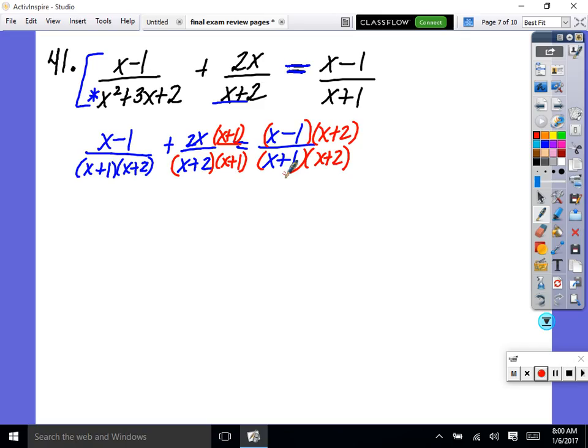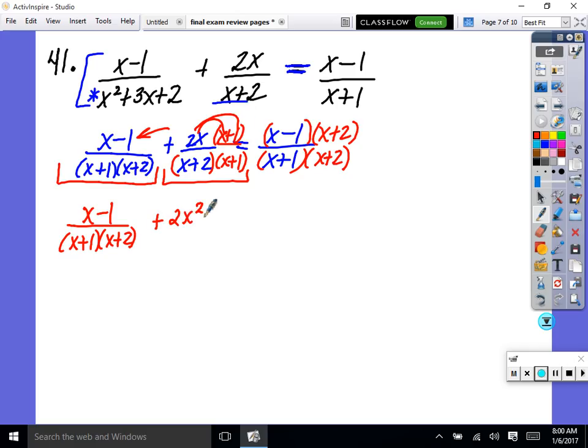Okay, focusing now on rewriting and distributing out these pieces. So that piece, we don't need to distribute anything, we didn't change it. So let's write out what we still have. And then right here, we're now simplifying that, plus 2x squared plus 2x. And then that's over x plus 2 and x plus 1.